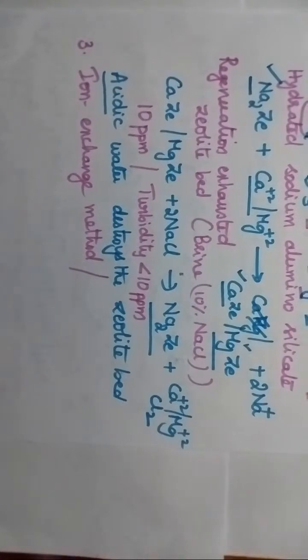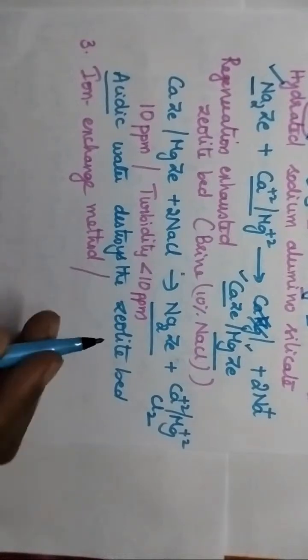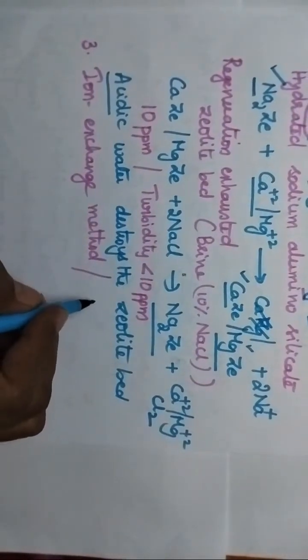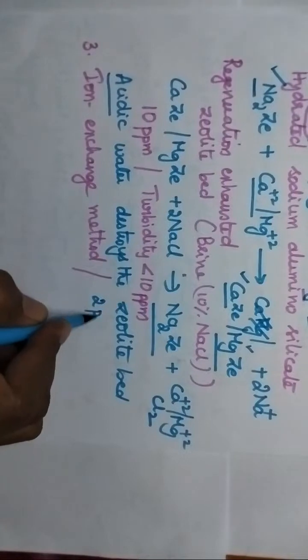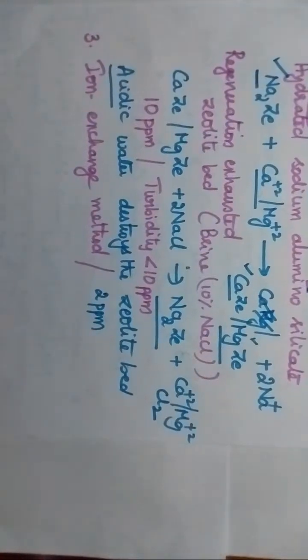Since by this method hardness can be removed up to 2 ppm, this method is highly useful for the treatment of boiler feed water.